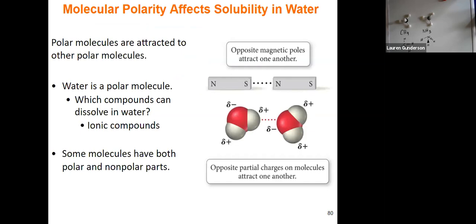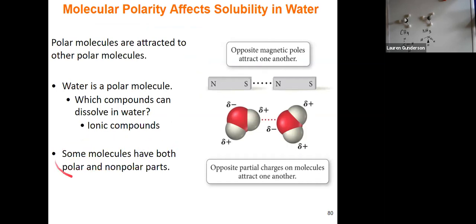Okay, now molecular polarity is going to affect solubility, like we said, and specifically it's going to affect solubility in water, because water is a polar molecule. So it is going to be able to dissolve other polar molecules. Things like ionic compounds dissolve in water.